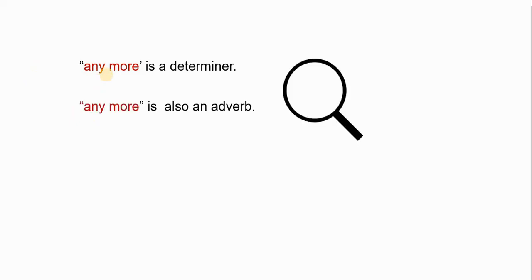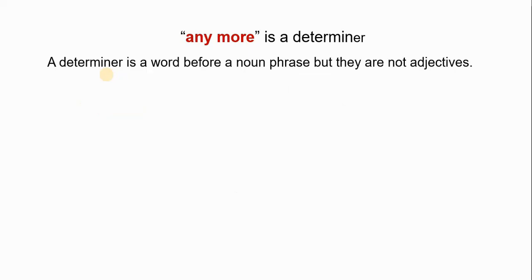Anymore is a determiner and it is also an adverb. So let's look at them in more detail. Anymore as a determiner. A determiner is a word before a noun phrase, but be careful, they are not adjectives, and there are different types of determiner.